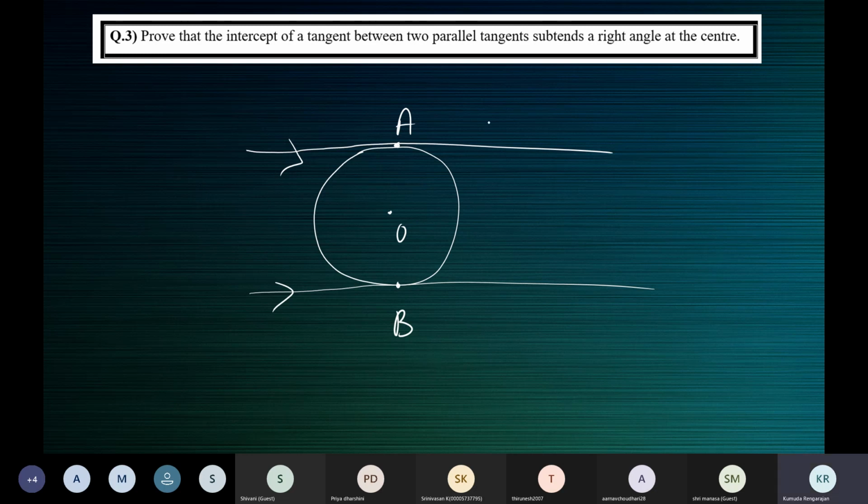There is another tangent. It can be on this side also. I'm taking it on the same side so that the figure looks familiar, as we see it in the NCERT textbook.